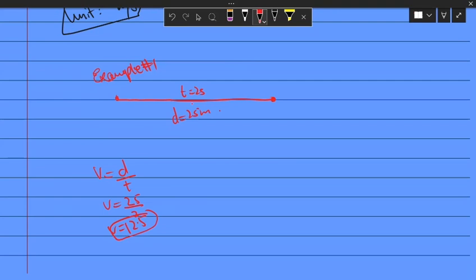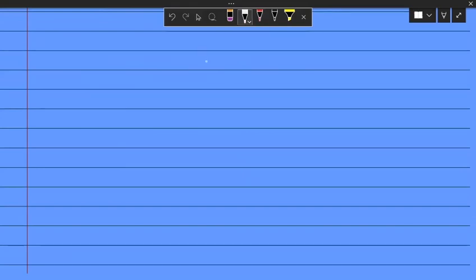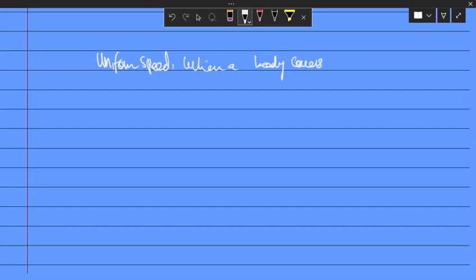So let's do uniform speed. So what is uniform speed? Uniform speed is when a body covers equal intervals of distance in a unit time.